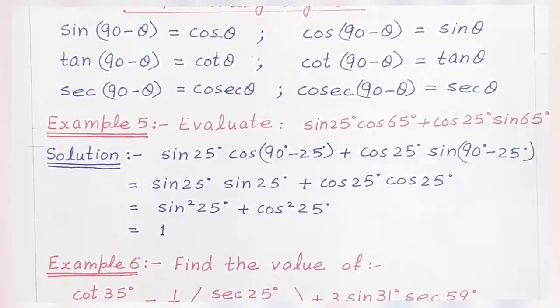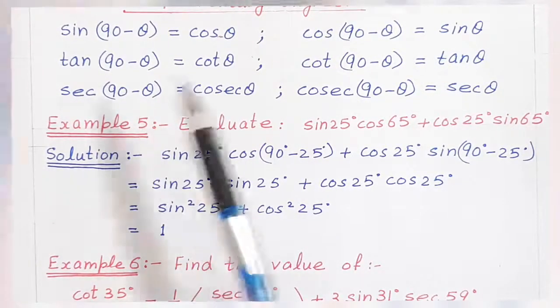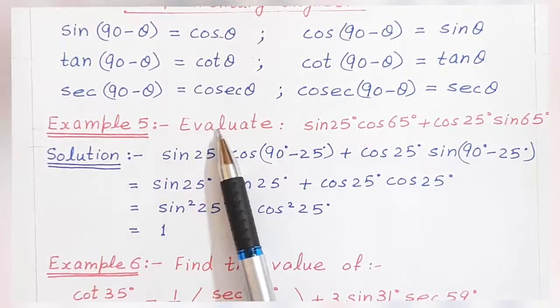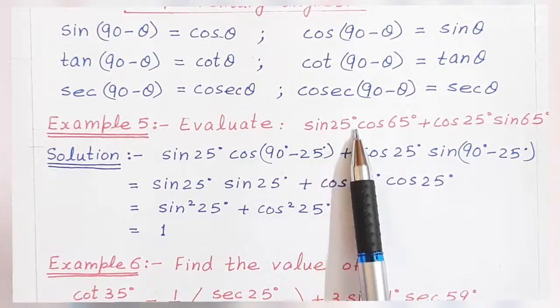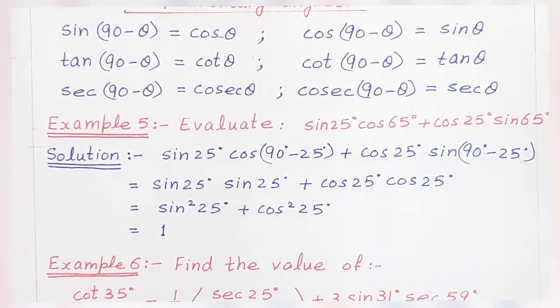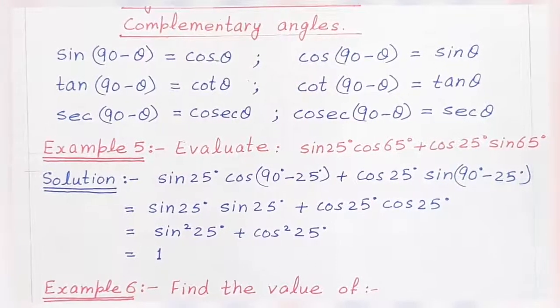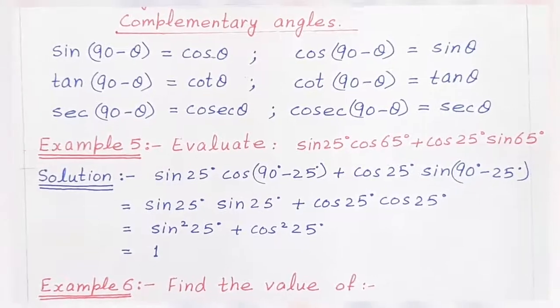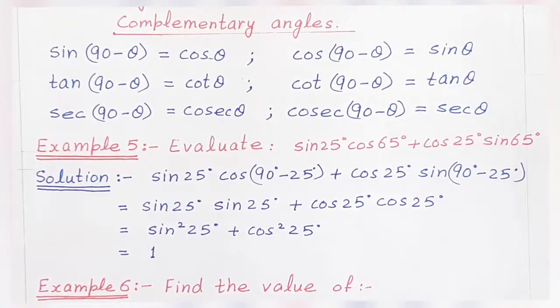So now let us do a question based on this. Example number 5 is evaluate sin 25 degree cos 65 degree plus cos 25 degree into sin 65 degree. Clear? So what to do here? Now you can see.